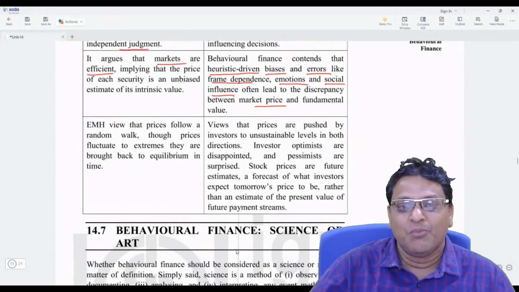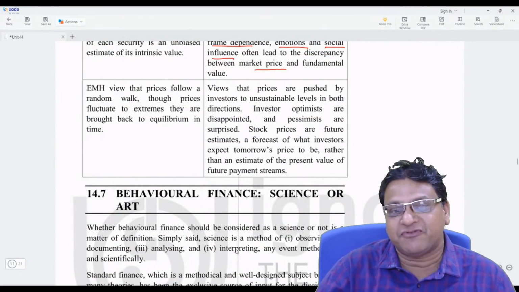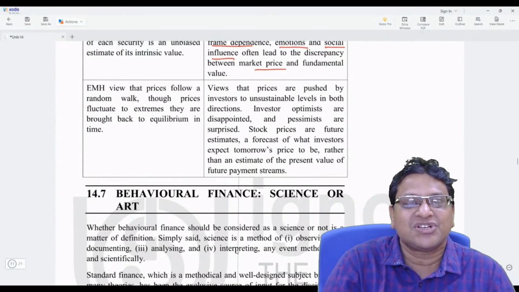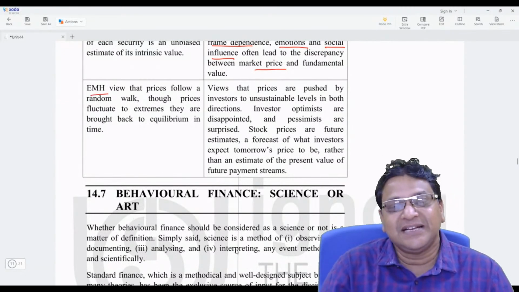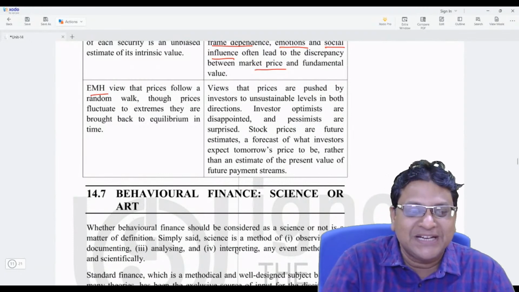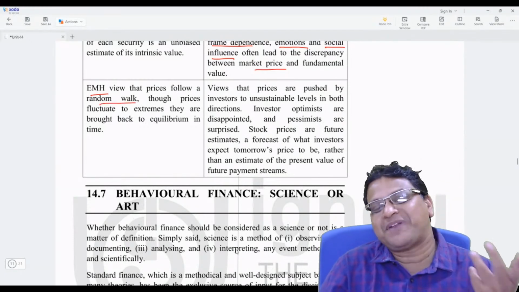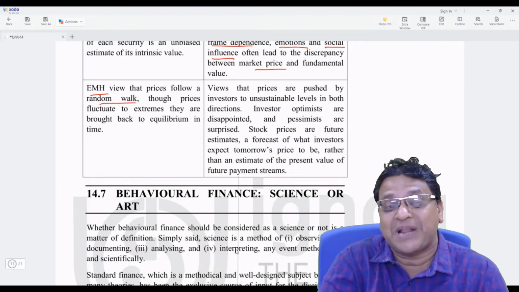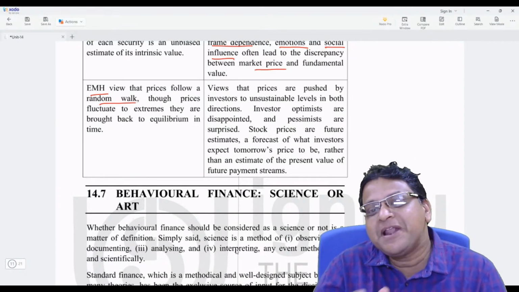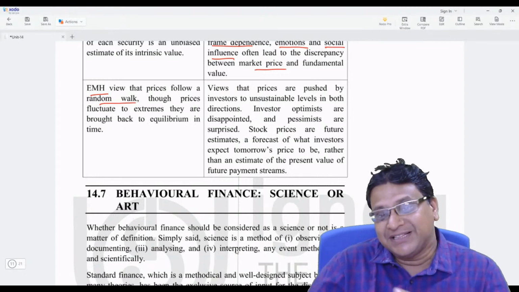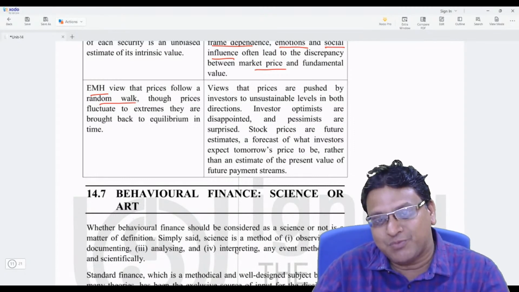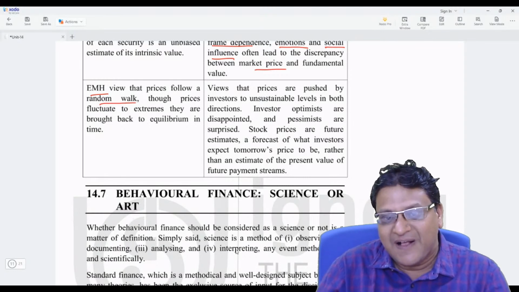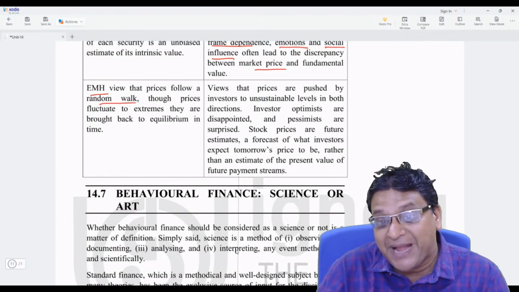Next, EMH is the most important belief of traditional or standard finance, and it tells that stock price movements are random. Stock prices follow a random walk. There is no pattern in stock price movement, but behavioral finance assumes that there is a pattern in stock price movement. Investors are influenced by some patterns.